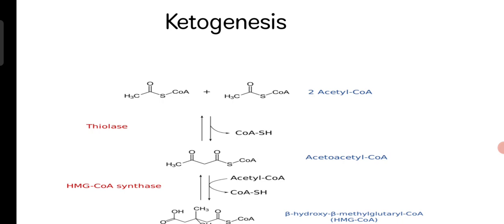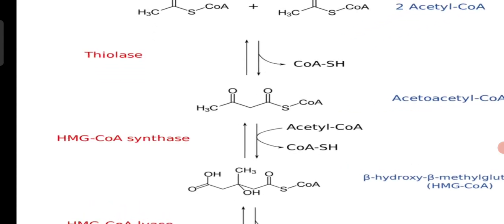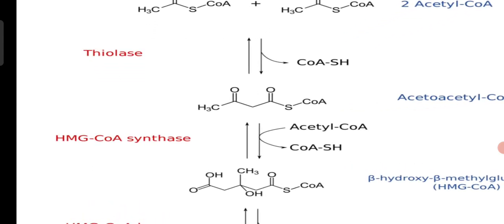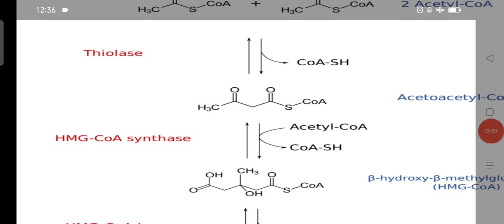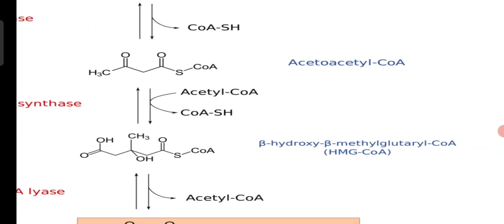Acetyl CoA will react with thiolase and coenzyme A. We are getting acetoacetyl CoA, and this acetoacetyl CoA will react with HMG CoA synthase, and we are getting beta hydroxy beta methyl glutaryl CoA, that is HMG CoA.